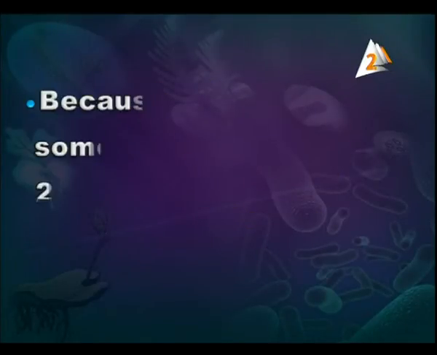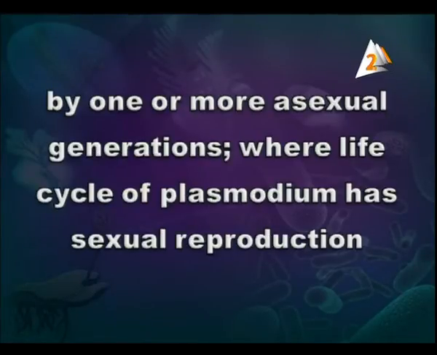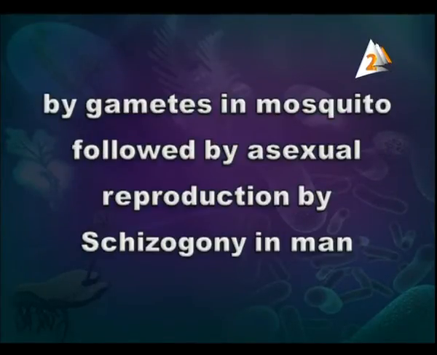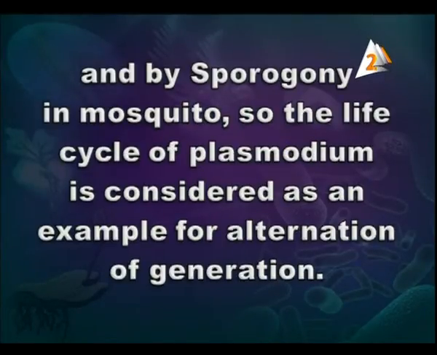Because the life cycle of some organisms includes two types: sexual generation followed by one or more asexual generations, where the life cycle of Plasmodium has sexual reproduction by gametes in the mosquito followed by asexual reproduction by schizogony in man and by sporogony in the mosquito. So the life cycle of Plasmodium is considered an example of alternation of generation.